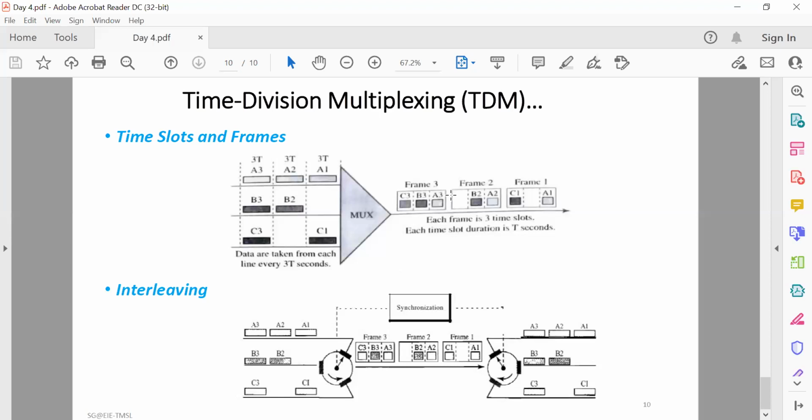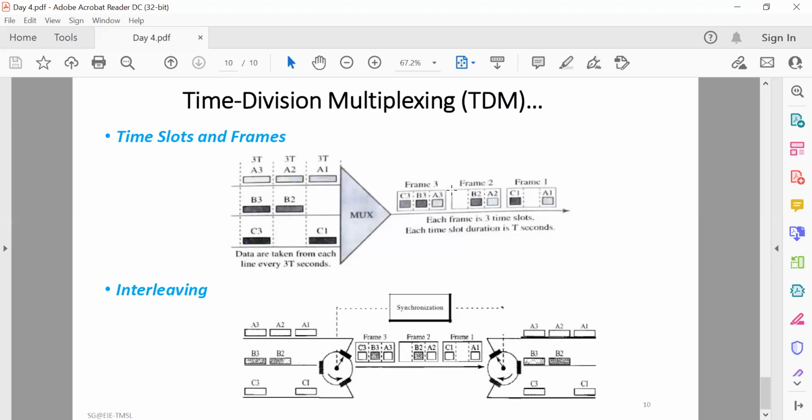In other words, a unit in the output connection has a shorter duration, so it travels faster. So the data rate of the output link must be n times the data rate of a connection to make the flow of data.